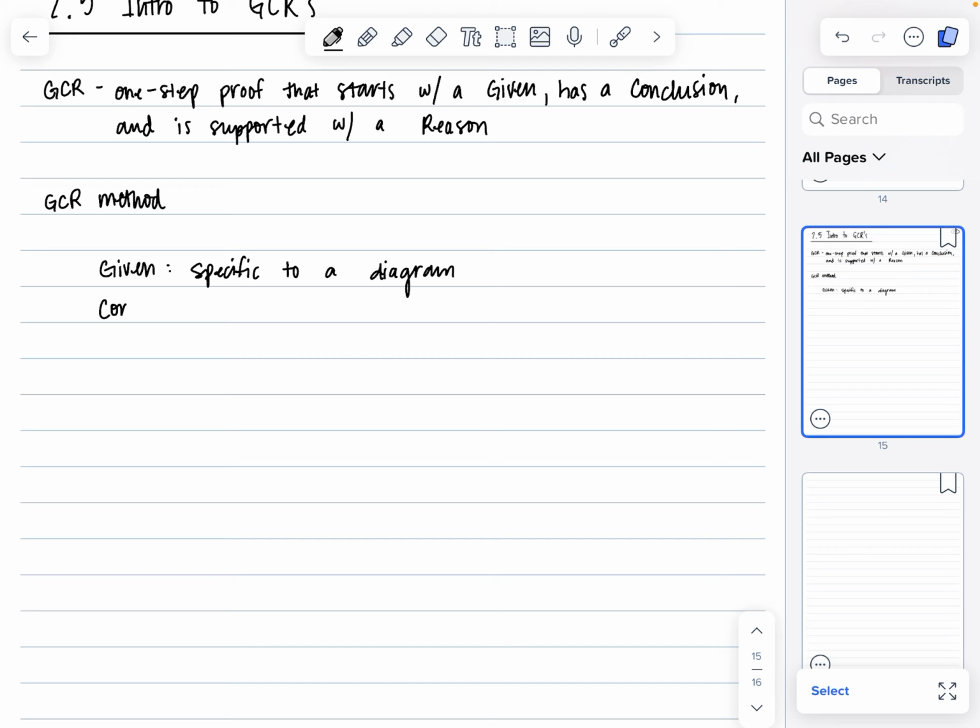Conclusion. Conclusion is what we could conclude. What can be concluded from the given and the diagram.